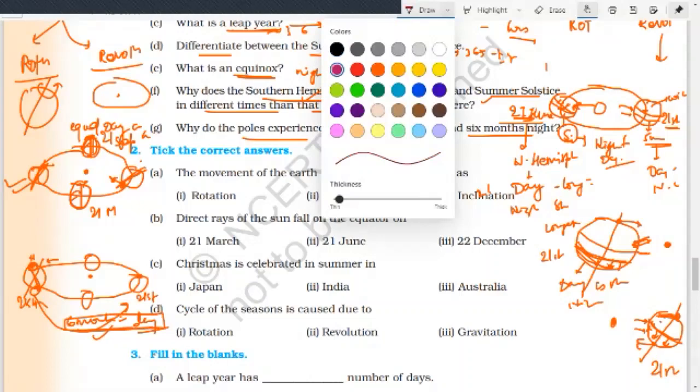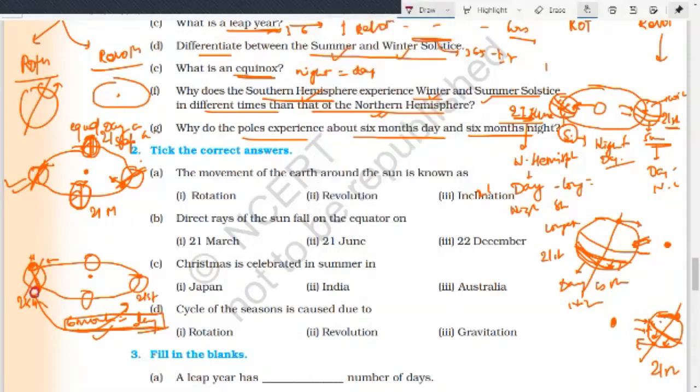This is the south pole, and this is the area beyond the Antarctic Circle. This area is deprived of sunlight for a continuous 6 months from 21st June to 21st December. That is why there will be 6 months of continuous night. This is the reason, because of the tilt of the earth towards the sunlight.